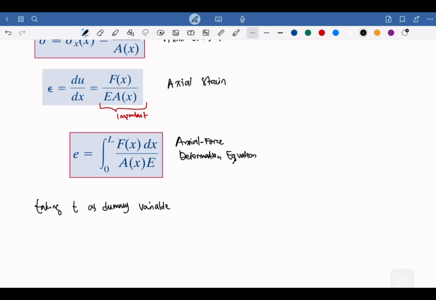we can write the E, or maybe E is elongation. Let's write in terms of displacement U. So U of x is U of 0 plus this.